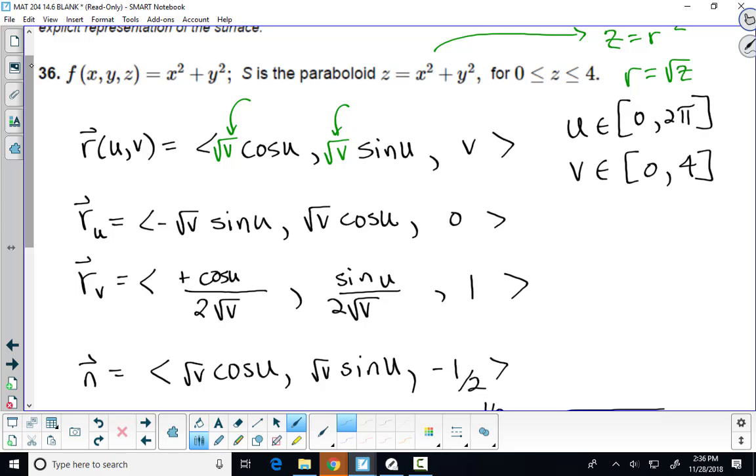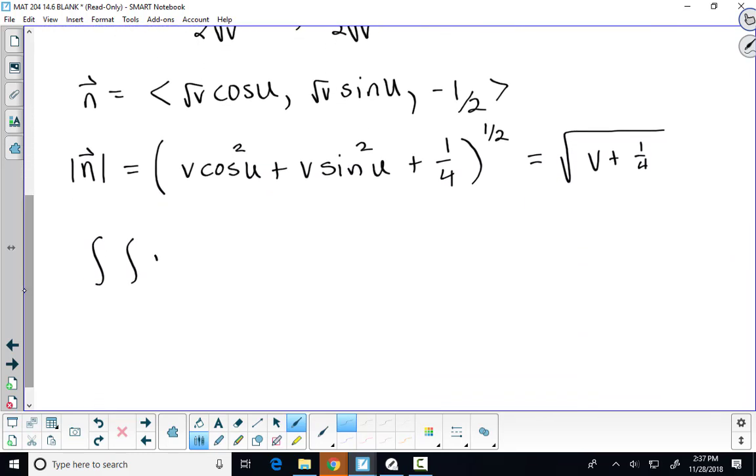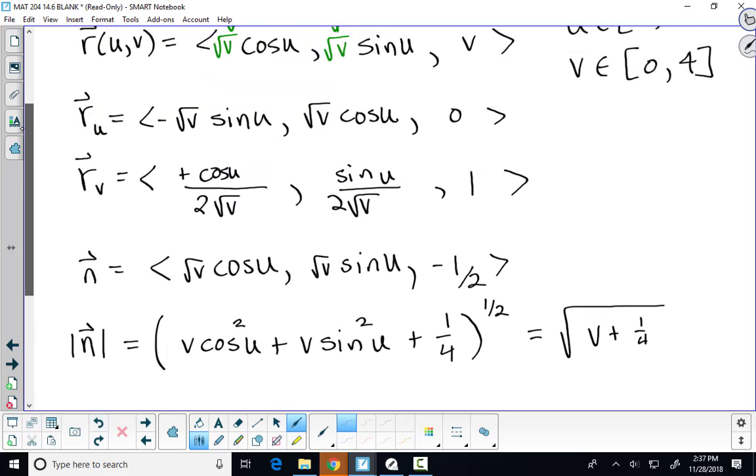So x squared plus y squared is v. So we're going to have v multiplied by the square root of v plus 1/4, and then dv, du. It doesn't really matter the order since we're dealing with a rectangle.